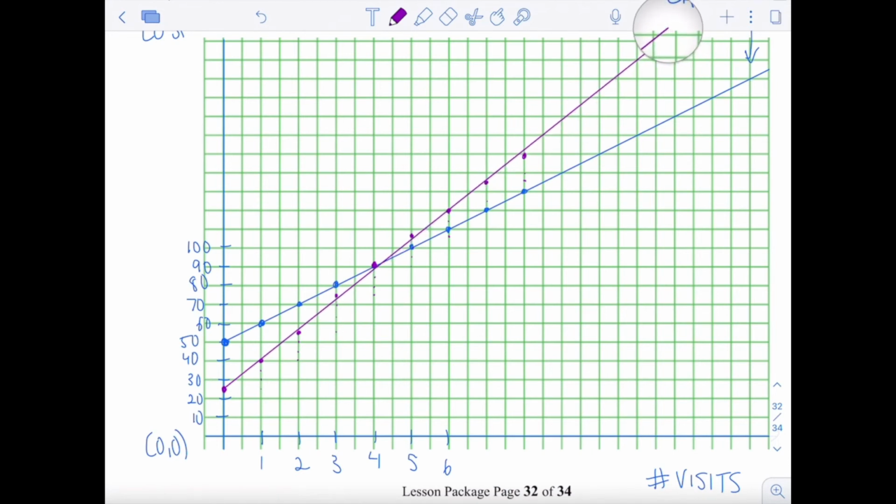All right. Nope, I think I messed something up here. Right here. All these ones are off by a half.